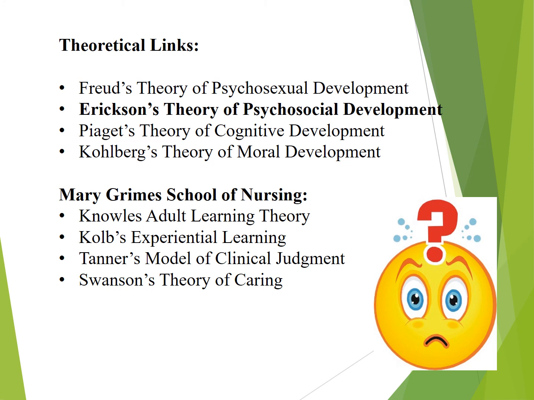And adult learners need to be shown respect. Knowles and Kolb both are adult learning theories, and they talk about how it's important for the adult to figure out what is important in their education. Kolb's experiential learning focuses on reflective observation and hands-on learning.